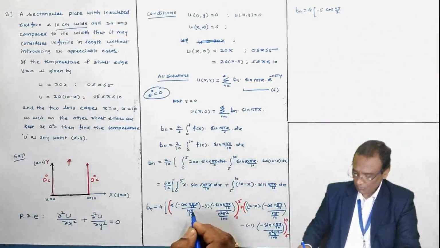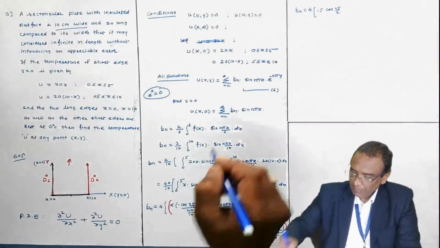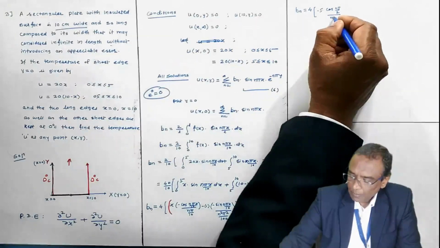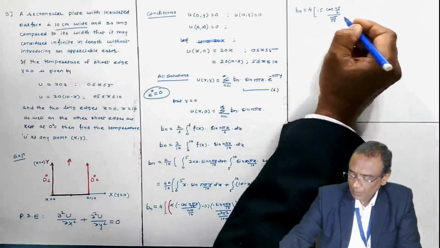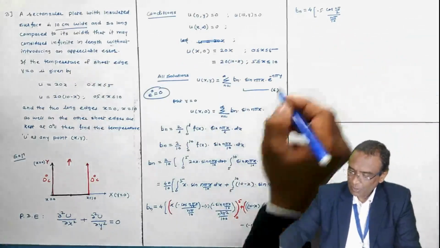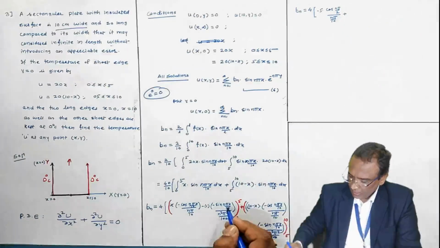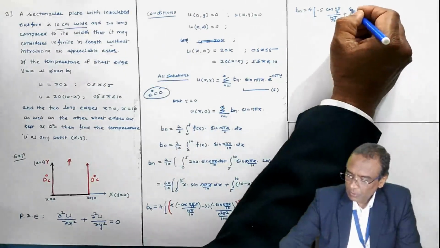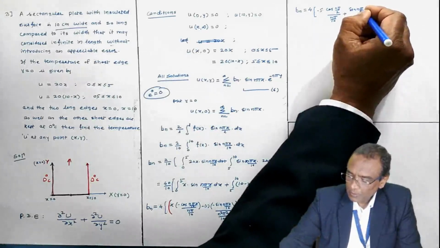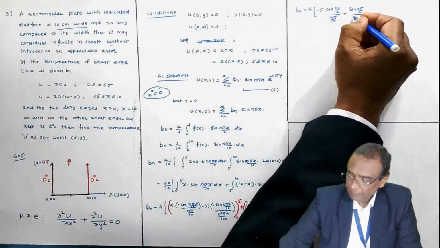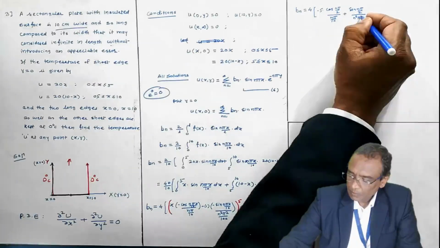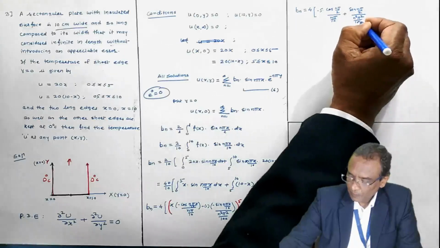Okay, put x equal to 5, divided by n pi by 10, minus minus plus, put x equal to 5, sin n pi by 2, by n square pi square by 100.